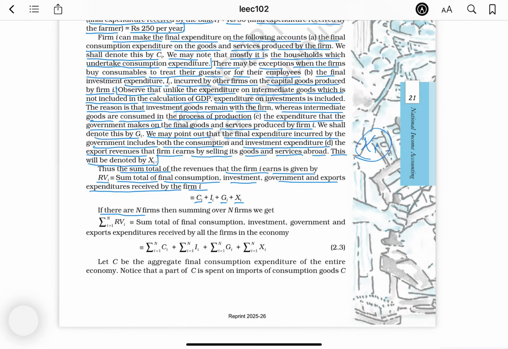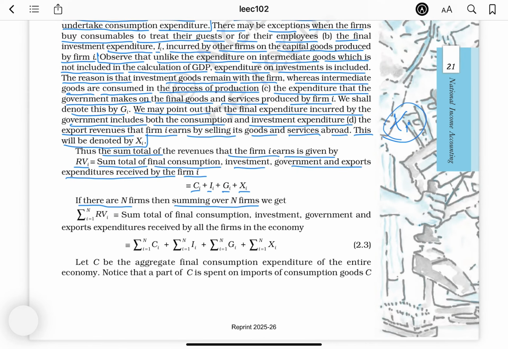If there are n firms, then summing over n firms we get sigma i equals 1 to n of RVi equals the sum total of final consumption, investment, government and export expenditure received by all the firms in the economy, equal to sigma i equals 1 to n of Ci plus sigma i equals 1 to n of Ii plus, and so on; we will total everything.